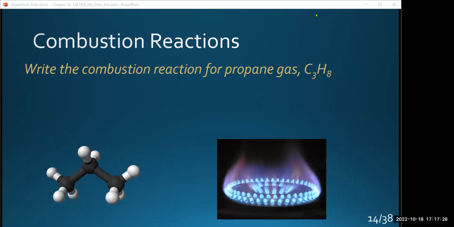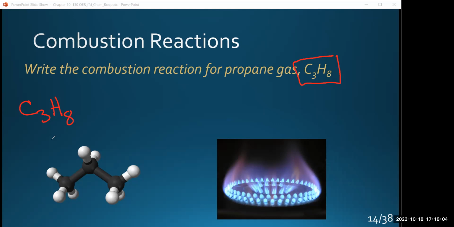Now, combustion reaction. As I stated, with respect to us in Chem 130, the only combustion reactions we're going to work with are the combustion of hydrocarbons, okay, which are compounds that are made up of nothing but carbon and hydrogen. All right, so do you remember what is necessary for any combustion? You recall what I've stated, what you need for anything to burn.